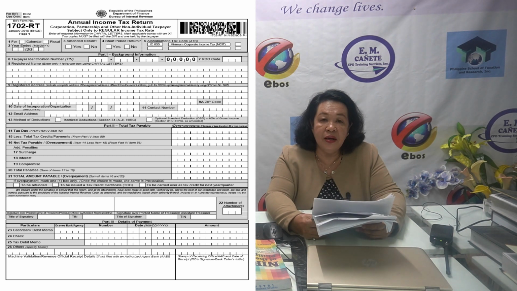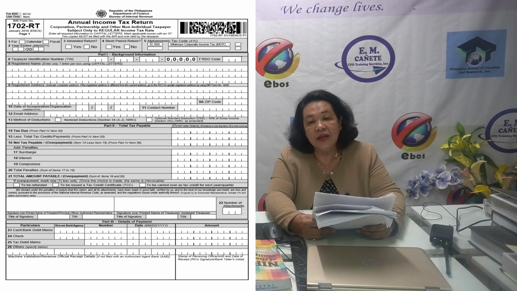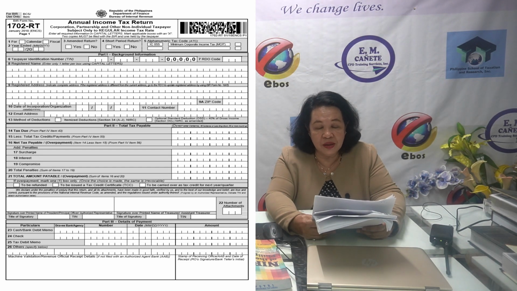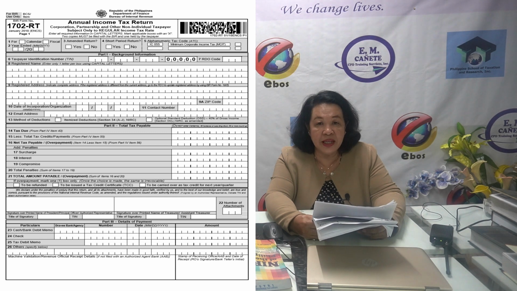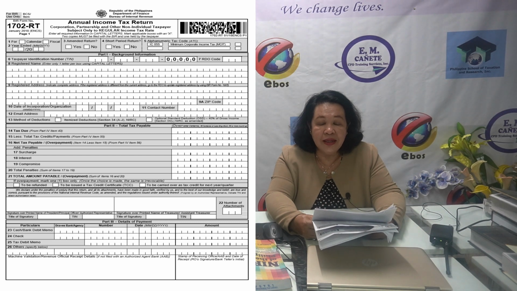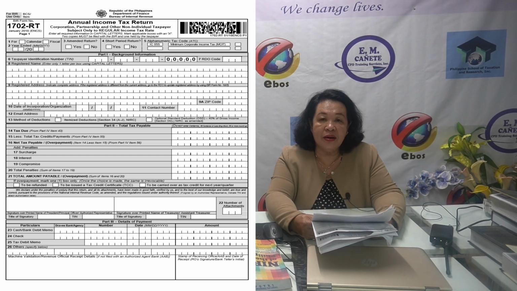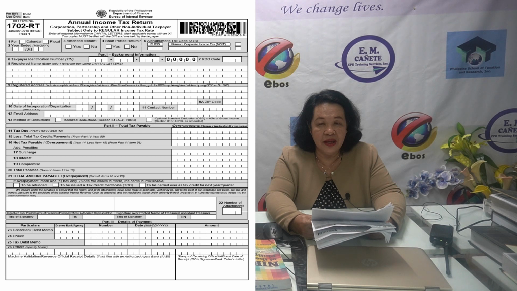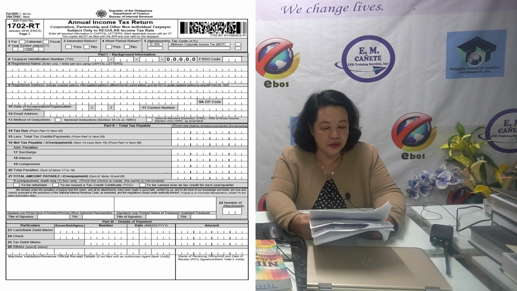Because of the TRAIN law in 2018, the 20% interest is reduced to 12%. So if you do not pay your income tax in June, then the interest of 12% will be incurred until you pay the full payment of your tax due.